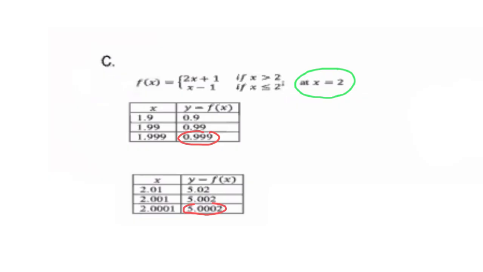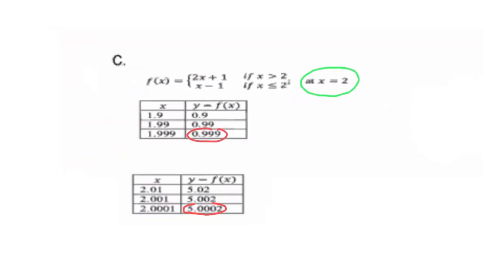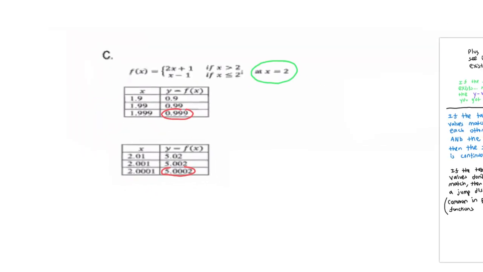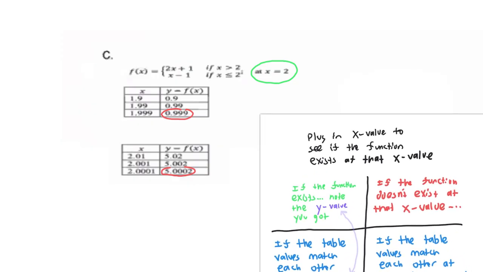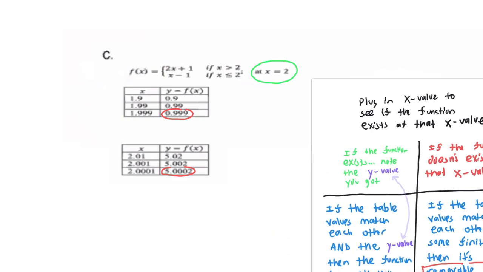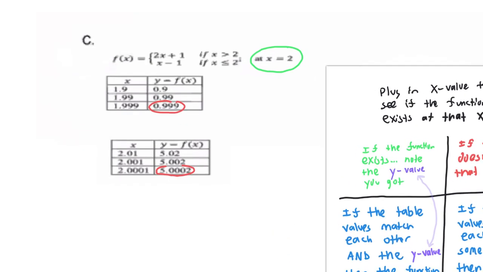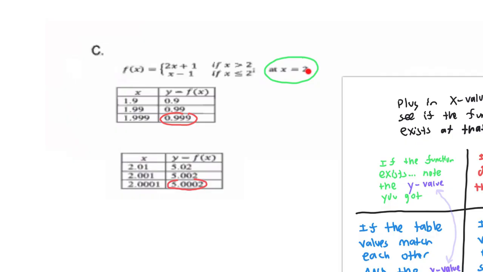But let's remind ourselves of the process using my table, right? So, according to my suggested protocol, plug in the x value to see if the function exists at that x value. Well, that is the first thing probably to do. We can plug 2 in. Now, we shouldn't plug it into this function up here because this function only corresponds with x values greater than 2.